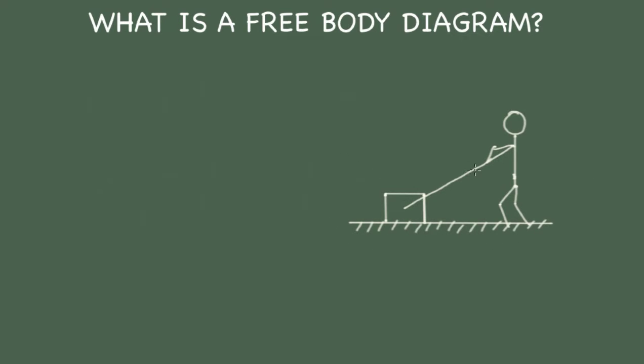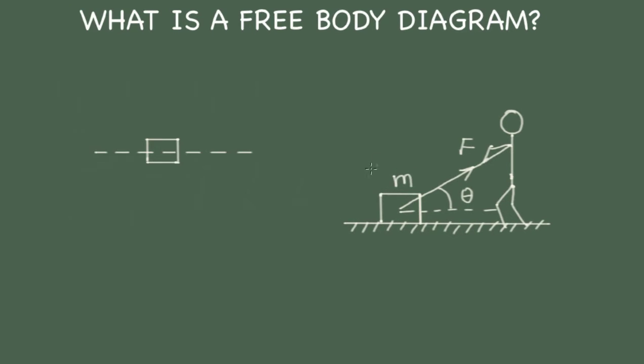Let us say this person is pulling this block with a force of F. This force is acting at an angle theta from the horizontal. This is not a very complex system, rather it is a simple system just to explain the concept. So here is the block of, say, mass m.